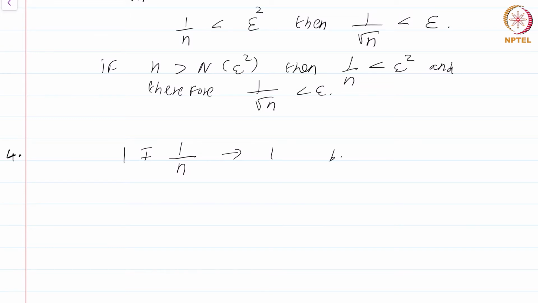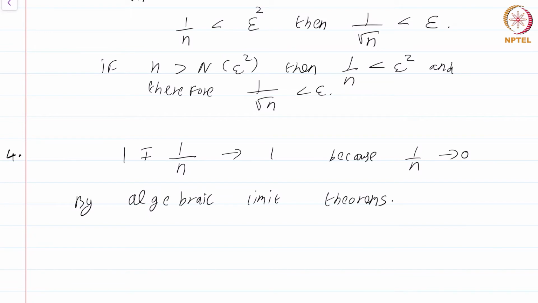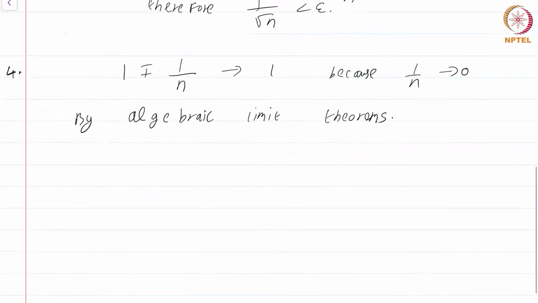Because 1 by n converges to 0, and we can use the algebraic limit theorems. So the sequence 1 plus or minus 1 by n converges to 1. This is not really complicated. I did not keep up my promise. Well, no worries. Look at this one.